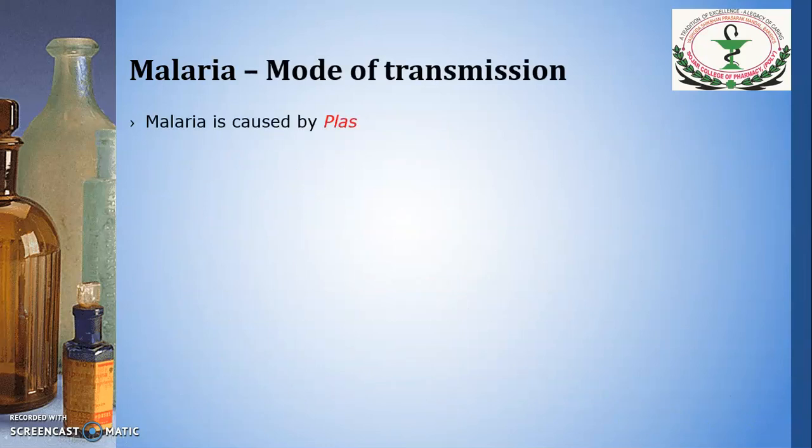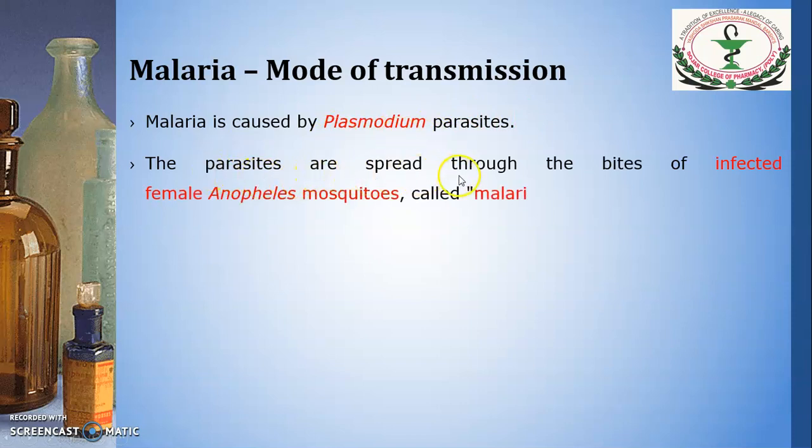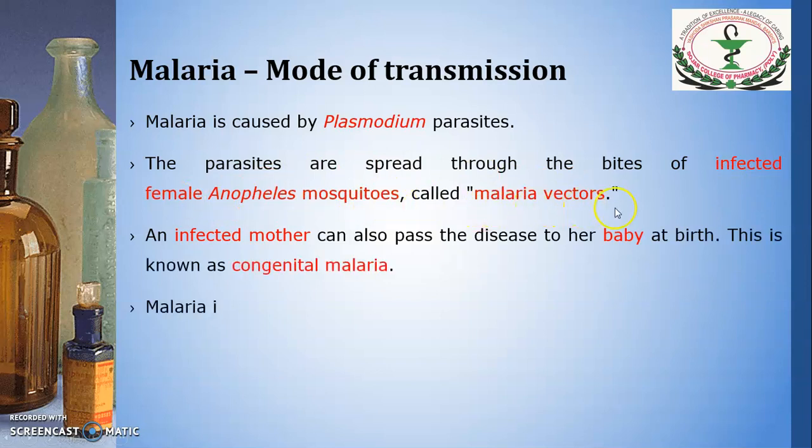Mode of transmission. Now, malaria is caused by the Plasmodium parasite, and this parasite is spread through the bite of the infected female Anopheles mosquito, which is called the malaria vector.